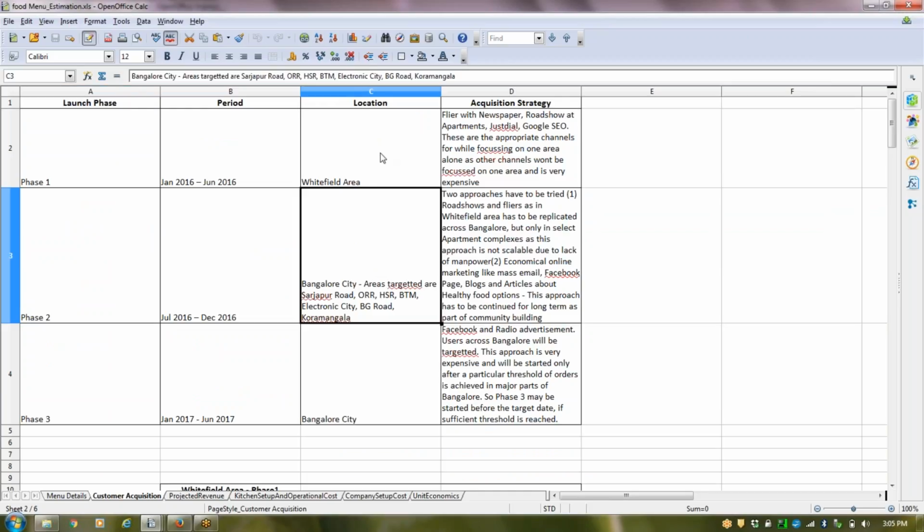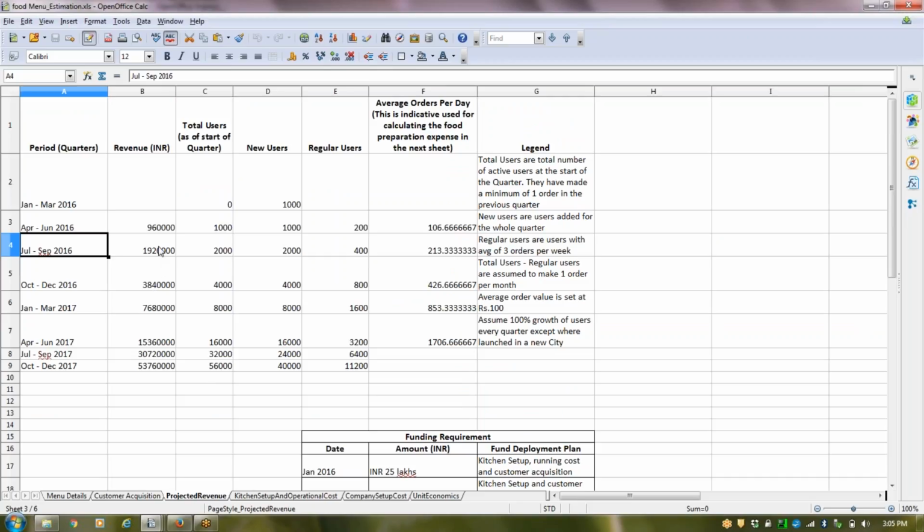Whatever they have done in phase 1 is one locality alone, the Whitefield area. In the second phase, they'll be going to multiple areas. Once they start going to multiple areas and replicate their customer acquisition strategy, they are projecting a higher number of new users coming in, and because of this, higher revenue.